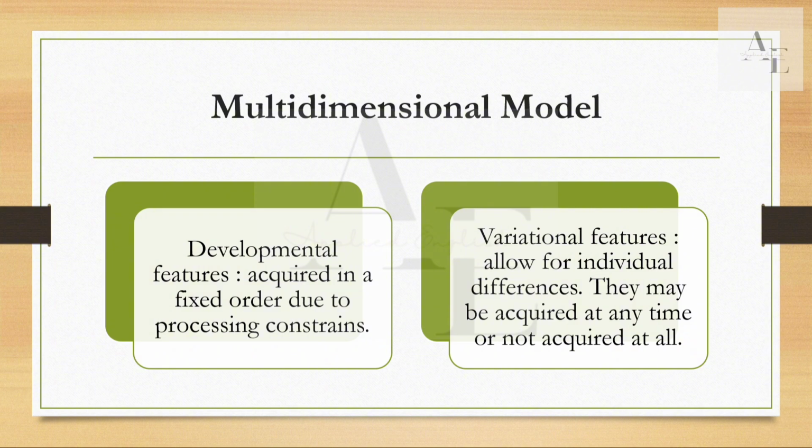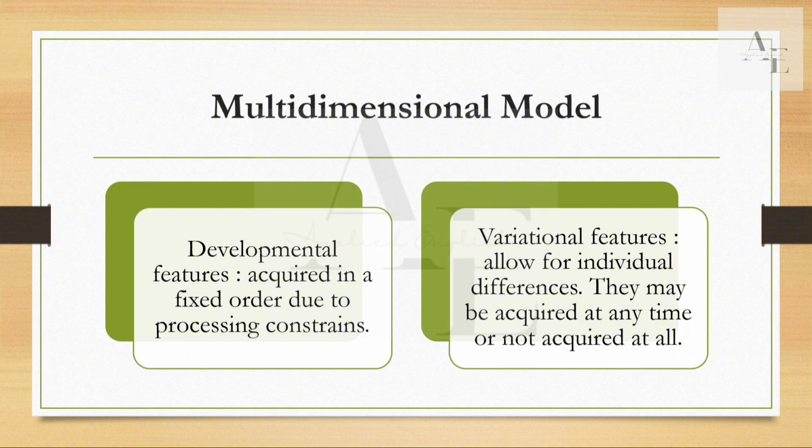Developmental features are acquired in a fixed order due to processing constraints, like everyone, regardless of their L1, will acquire these features in the same order. No feature comes before the thing that has to be before it. So it's a fixed order due to processing constraints. It's something in the brain.